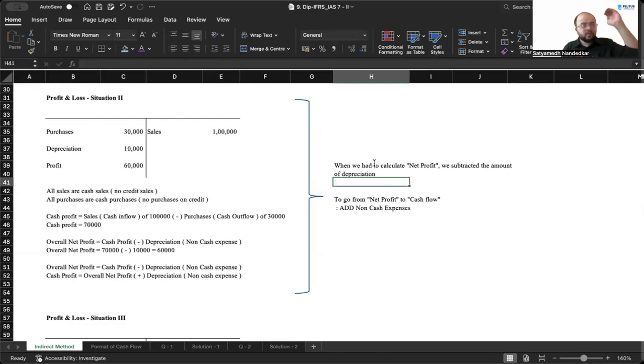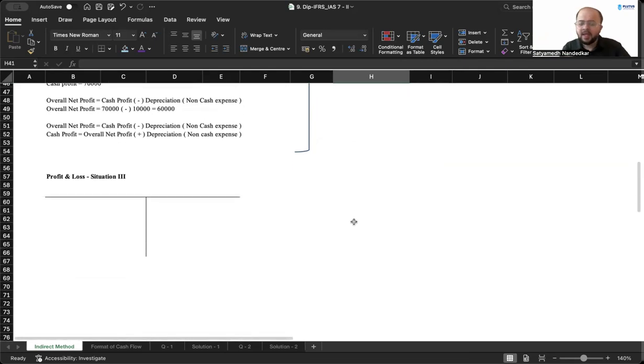So if I'm moving from sales minus purchases minus non-cash expense called depreciation, I arrive at net profit. I need the amount of overall cash generated. What I'm going to do is I will have to add the amount of non-cash expenses which I did here.